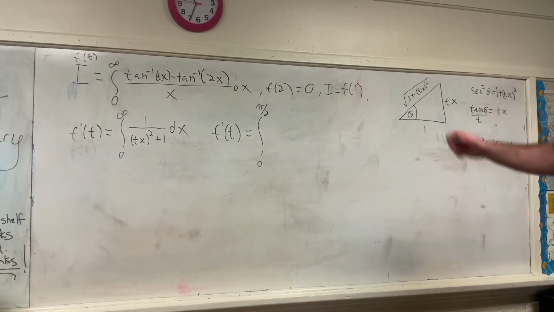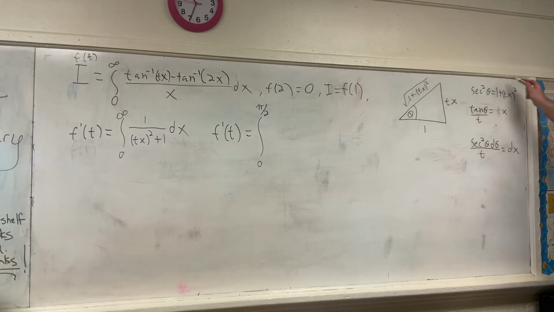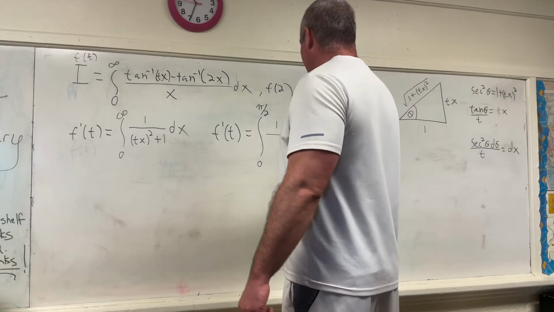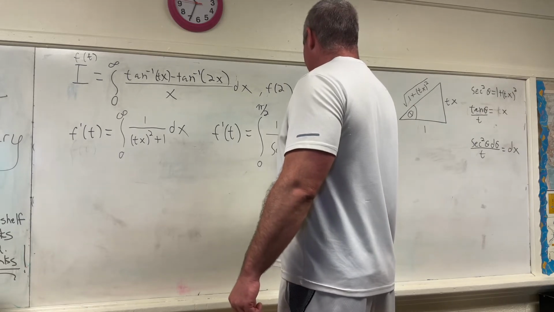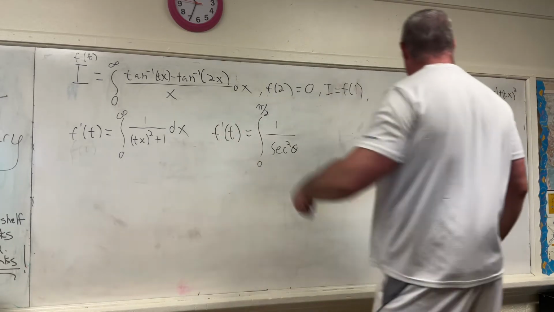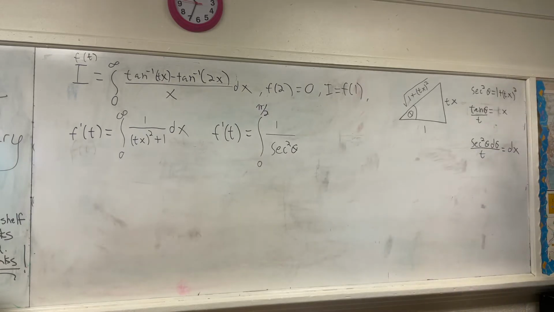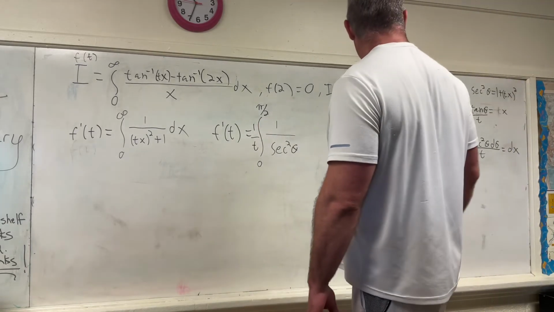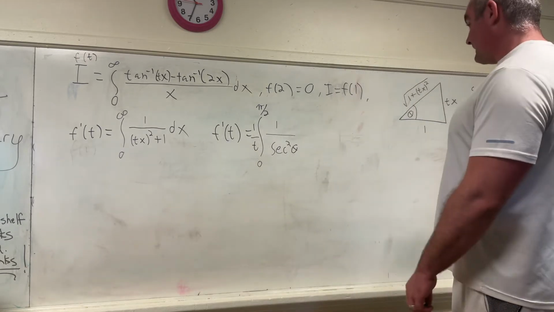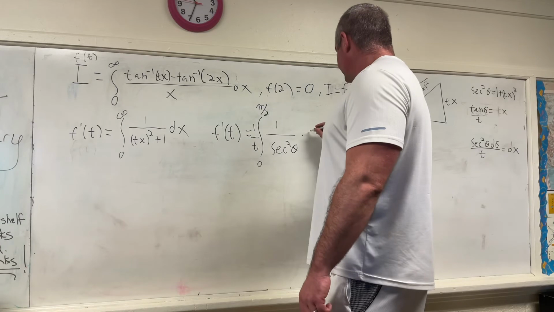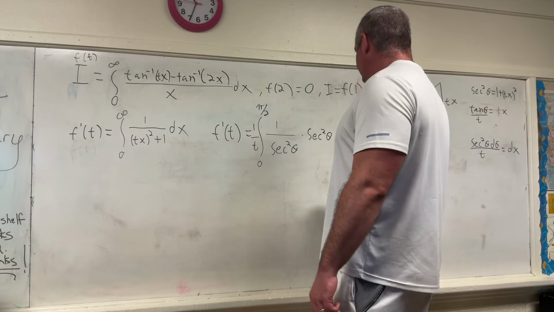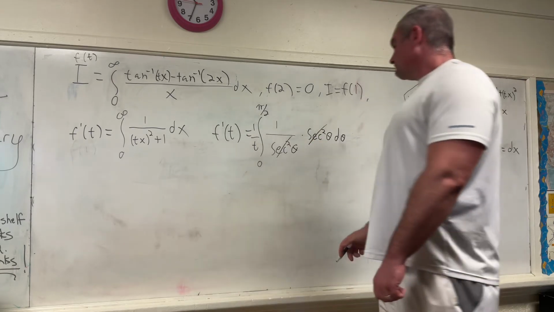Now what's left? We have 1 over this thing, which we just determined is secant squared theta, times dx. dx is secant squared theta d theta over t. I'll bring that t outside, and then the secant squared theta terms cancel out.